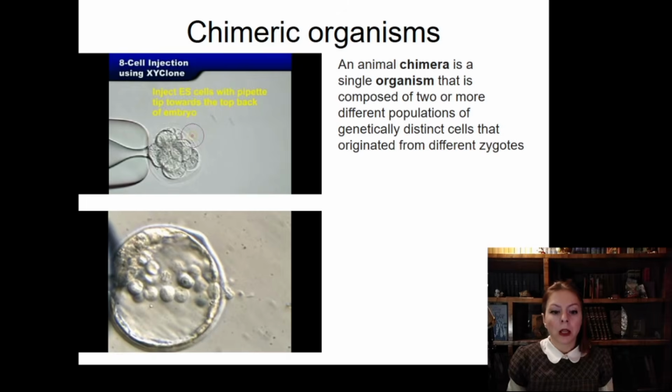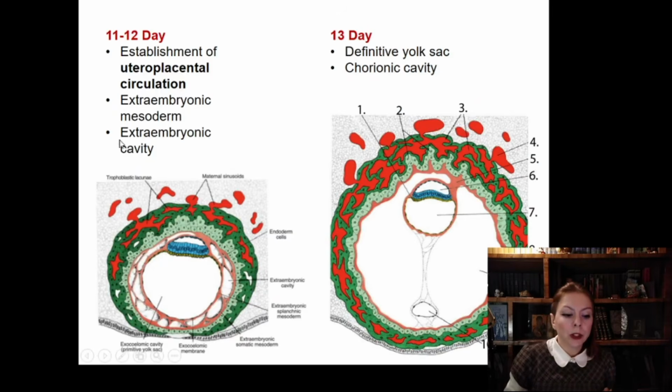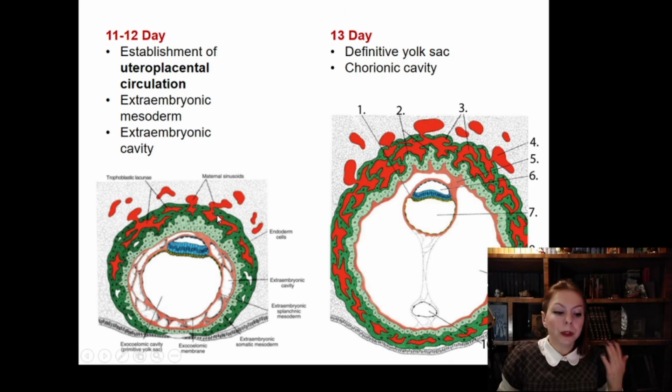Okay, let's move on and return to our development. On the 11th and 12th day, we see the formation of the uteroplacental circulation. Starting from this stage, we can see that lacunae, you remember, they were formed in the syncytial trophoblast. Now they are filled with the maternal blood.